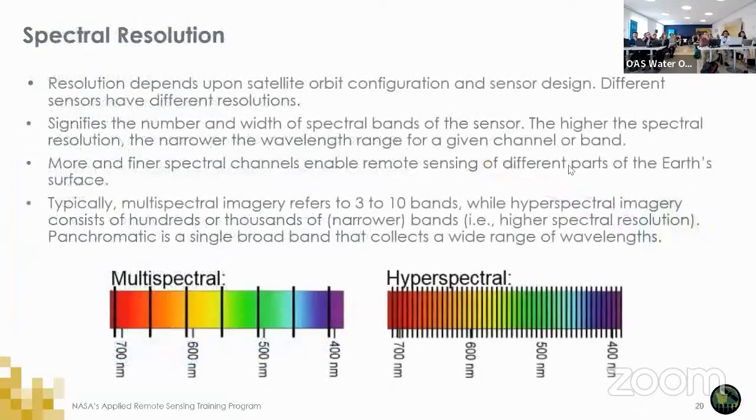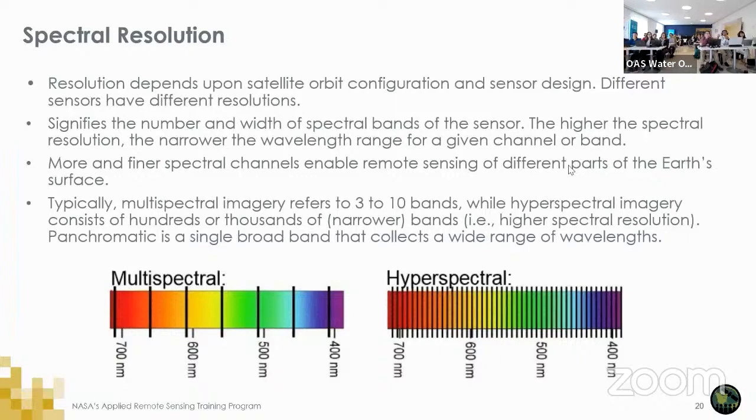And now we're going to start talking about the nuances of resolution. Because depending on what type of analysis you're doing, you are going to be limited to different types of resolution. The example I'm showing here is spectral resolution.